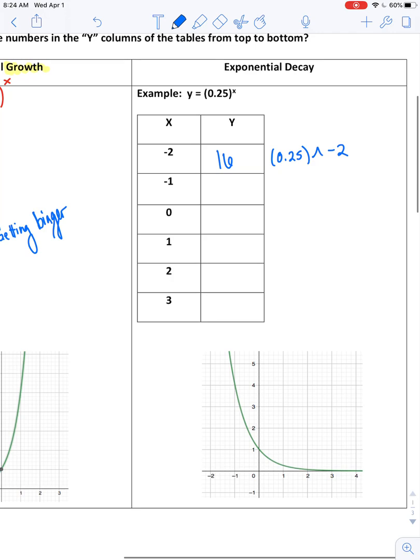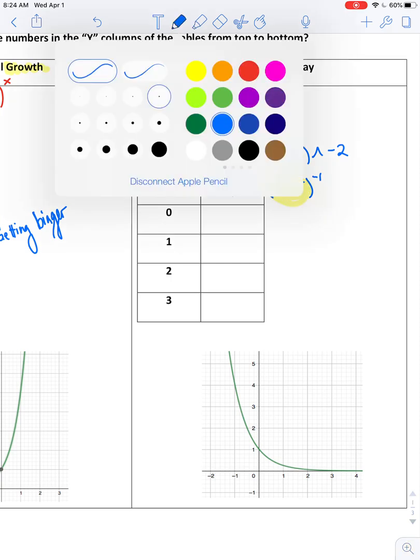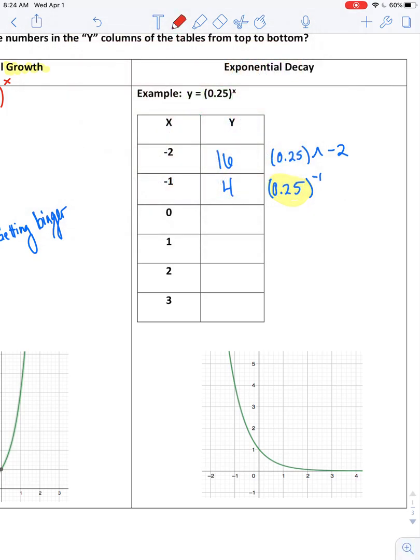So again, you could say 0.25 to the negative second power in your calculator. This would be 0.25 to the negative first power, which would be 4.